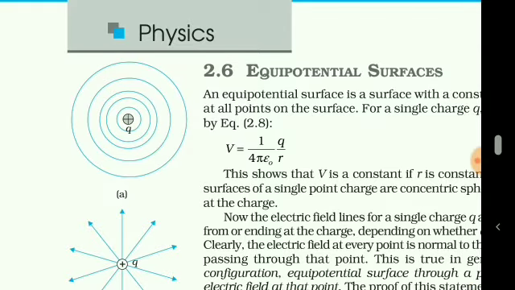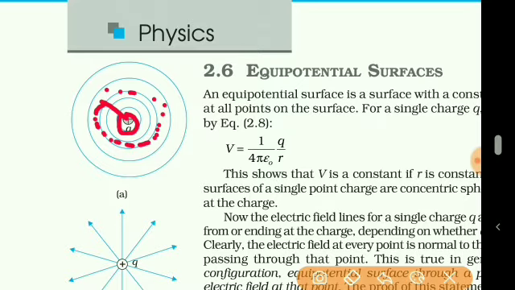Again, if we take less distance from this charge q, then once again we will get infinite points with the same distance on the spherical surface. So even on that surface, the potential is the same. So even that surface with less radius is also an equipotential surface.